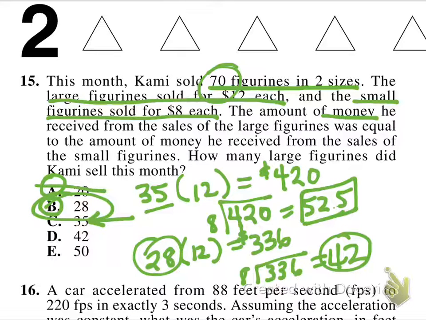So the answer was B. So I hope you can understand what I'm trying to say there. By choosing the middle number and then deciding whether to go up or down with that number, it really helps you eliminate some of the choices, and it's one of our favorite techniques as far as the ACT goes.